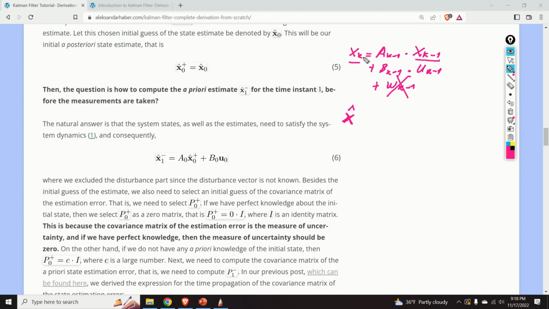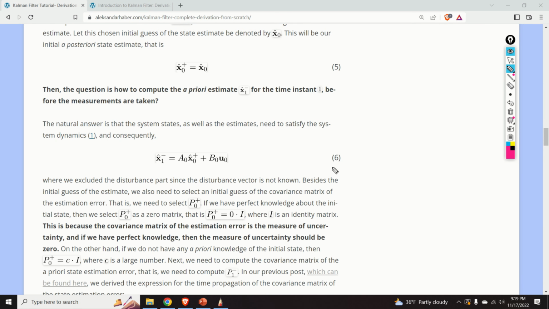Instead of using this equation, we will use the equation given over here, and this is our modified state equation. So we go from x0 hat plus to the a priori state estimate for the time instant 1 by simply propagating x0 hat plus through the known and deterministic part of the system dynamics.